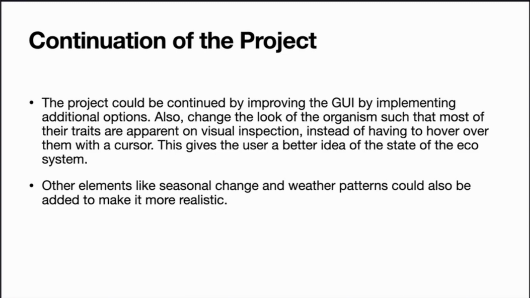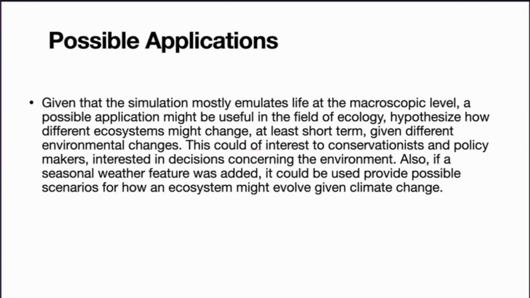Other elements like seasonal and weather patterns could also be added to make it more realistic. Given that the simulation mostly emulates life at a macroscopic level, a possible application might be in ecology, to simulate an ecosystem.